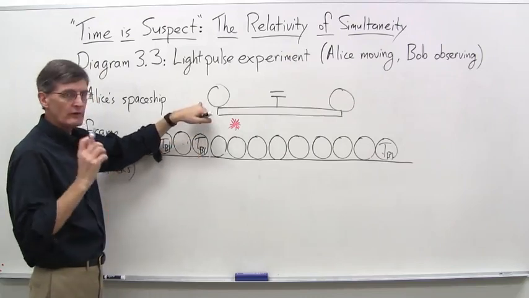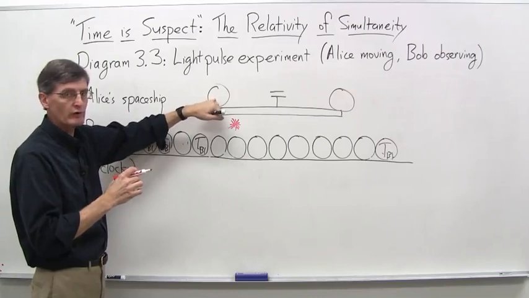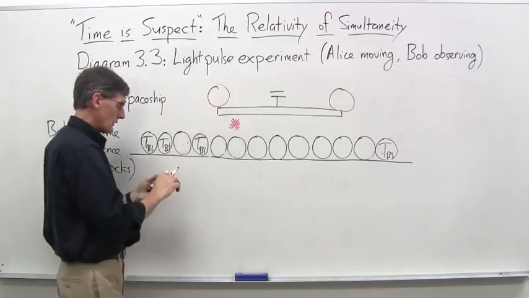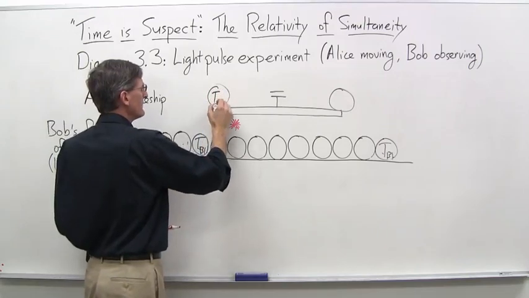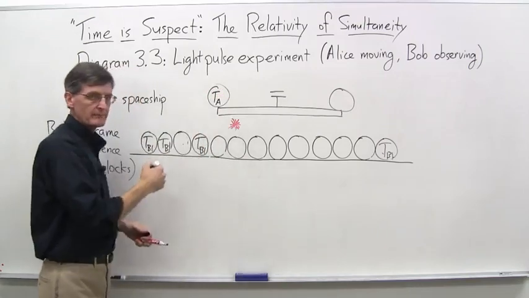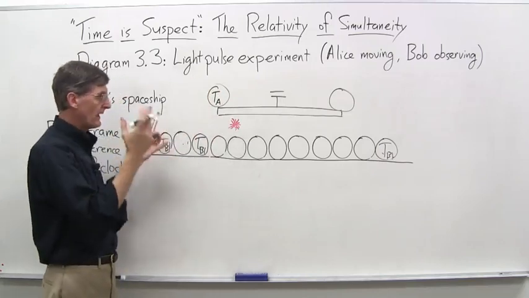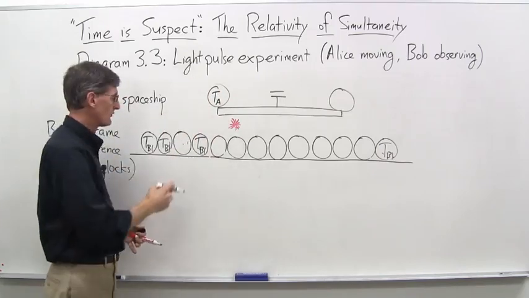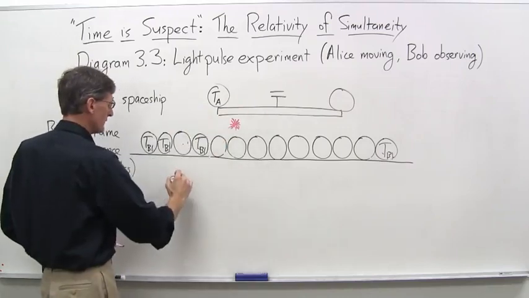But remember what Alice observed when she saw that photon hit that clock. That clock was, and this is on your diagram in the handout, that clock was at TA when it's back here. Okay, because when that photon hits that clock, it triggers a photo and it reads TA for Alice. So let's just emphasize this point before we finish off 3.3.